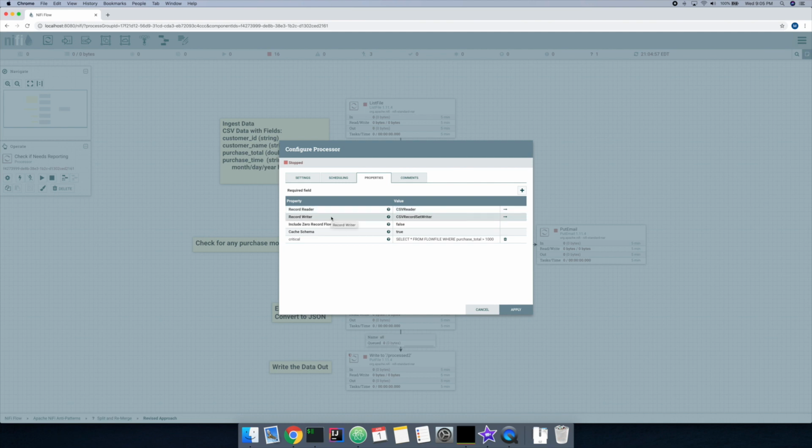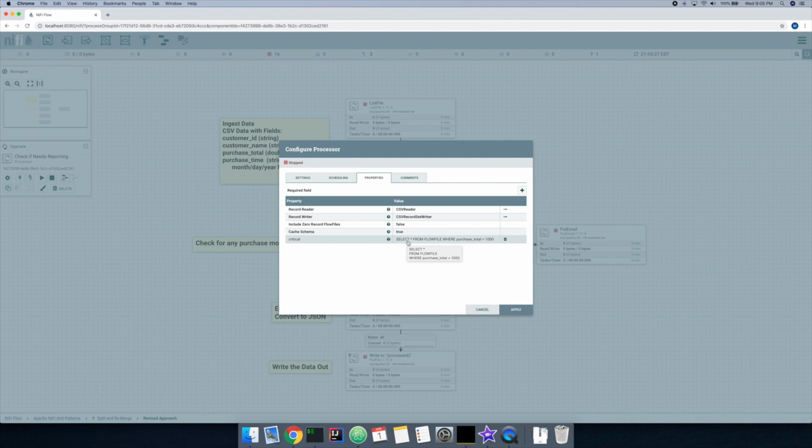The next thing that we're going to configure here is a record writer. So after we've parsed that data, we're going to run some SQL over that data, and then the results we're going to write back out. So in this case, we're saying that we want to write the result out in CSV also. And then we're going to define what it is that we actually want to do with that data once we've parsed it and before we write it out.